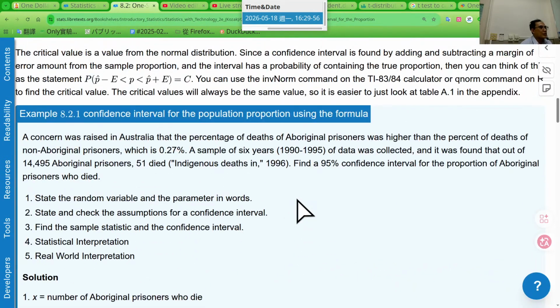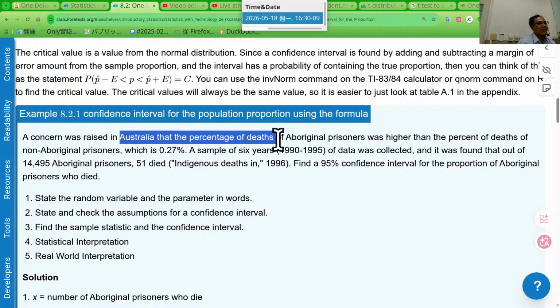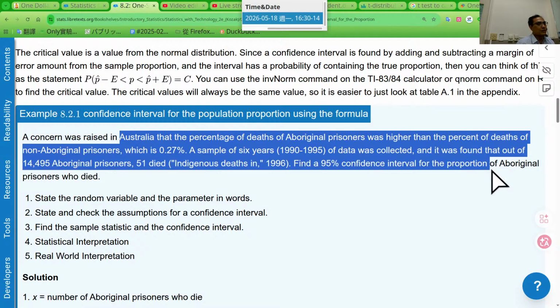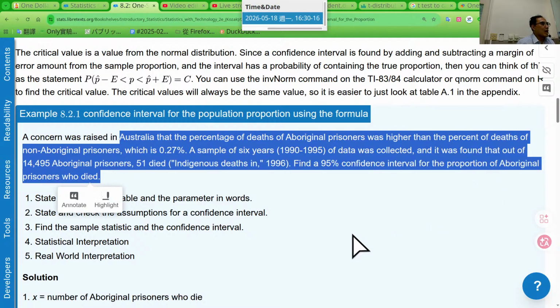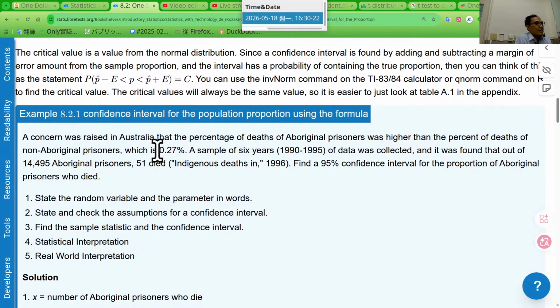Okay, we can check this question. Example 8.2.1: confidence interval for the population proportion using the formula. A concern was raised in Australia that the percentage of deaths of Aboriginal prisoners was higher than the percentage of deaths of non-Aboriginal prisoners. We checked a similar question previously, which is 0.27%.